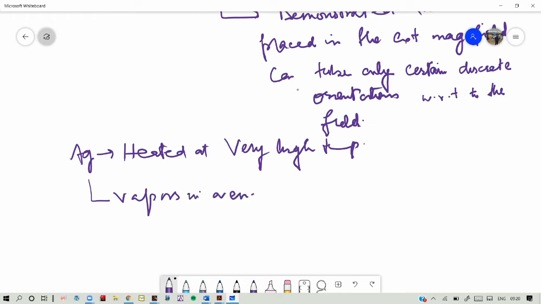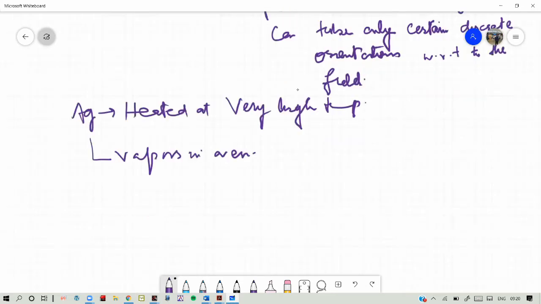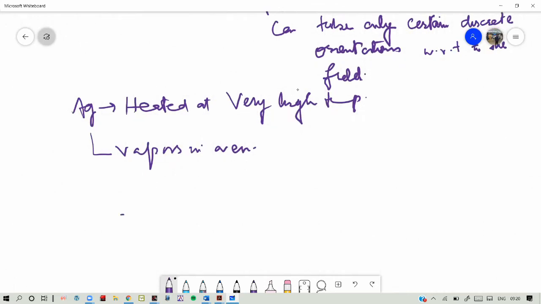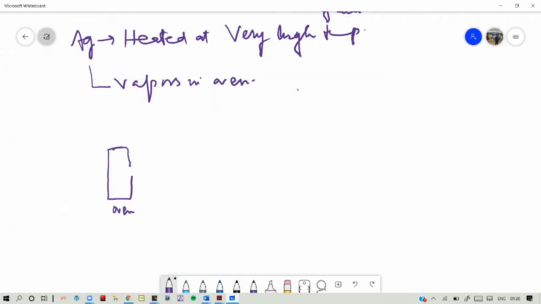Why did they take silver? There is a reason for that, and we will discuss that. The oven was placed here, and since this is an oven, they heated it, and the vapors came out from this direction.